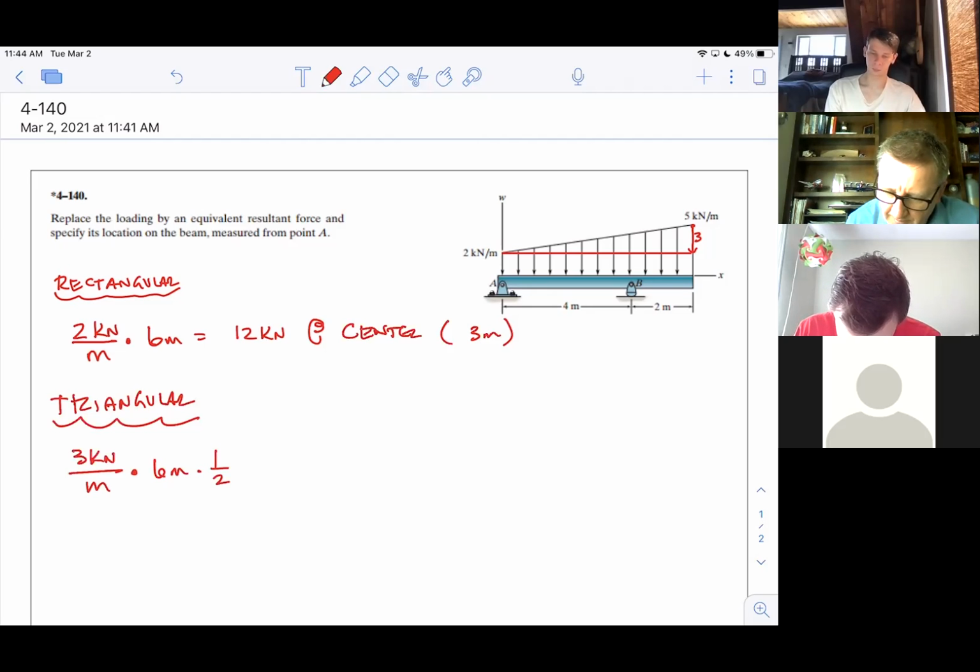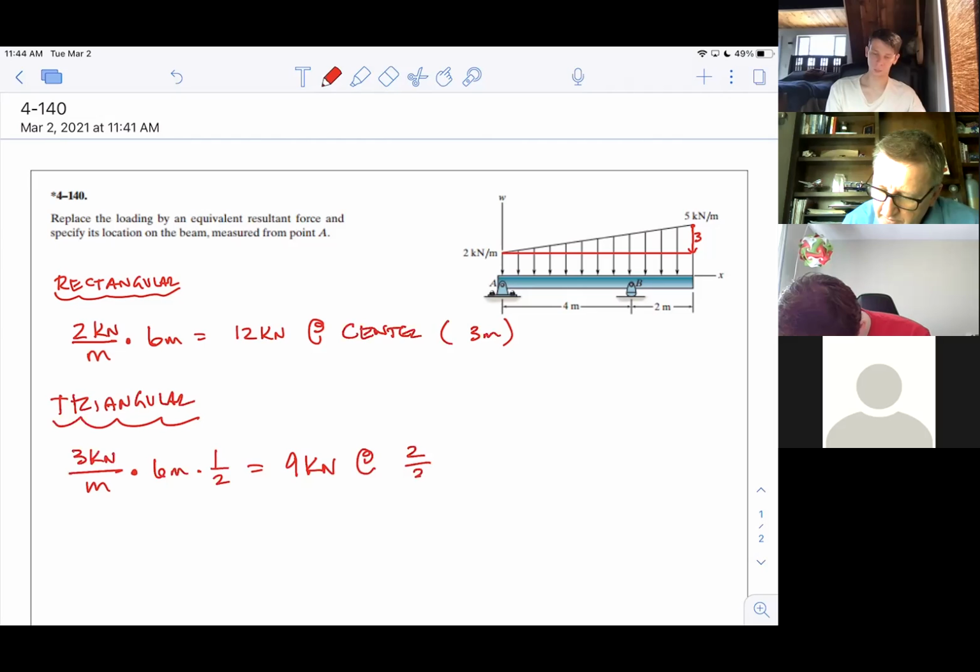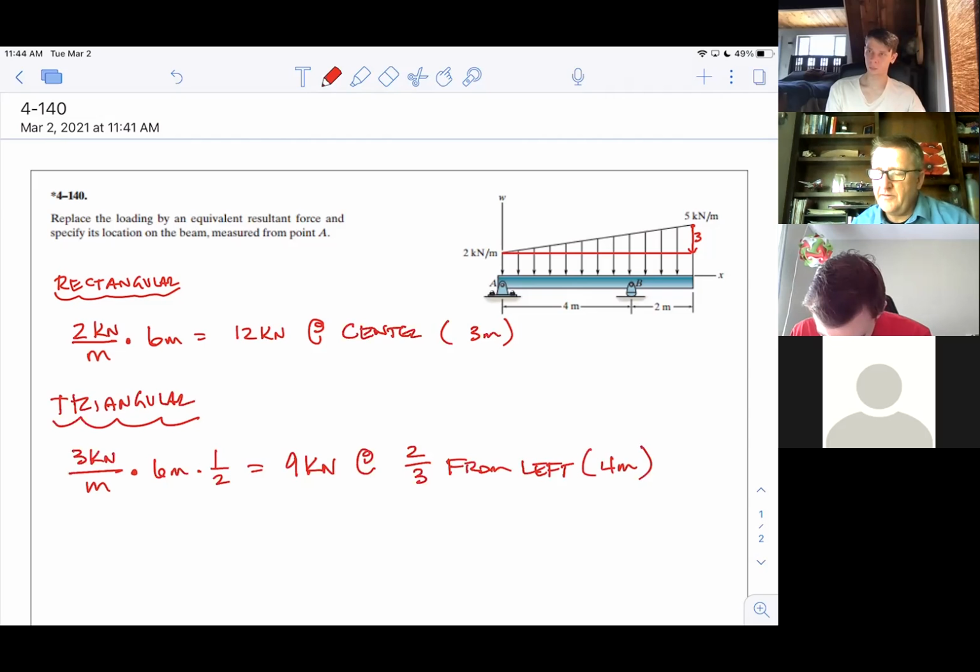So you end up with 9 kilonewtons for that. And that would be at 2/3. And I'll say here more particularly from the left, since that's where 0 is. Notice they were nice about that because 2/3 of the way in would be 4 meters. That's right on top of B, in other words.